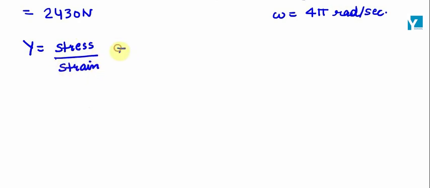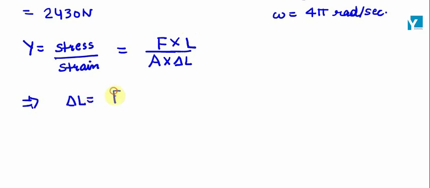Further, I can write it as stress is force acting on the unit area, and strain is change in length divided by original length, which will come on the numerator. I can write here as L. And we know, on rearranging I will get delta L to be FL by AY.